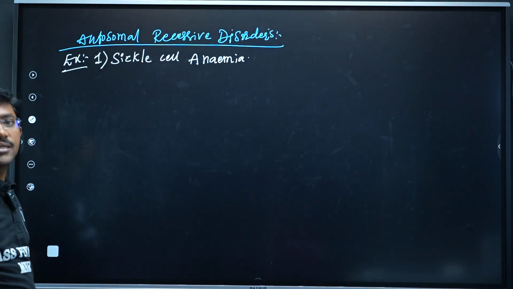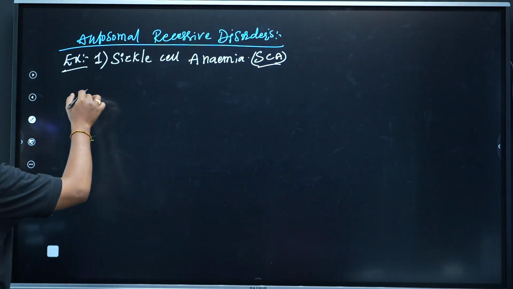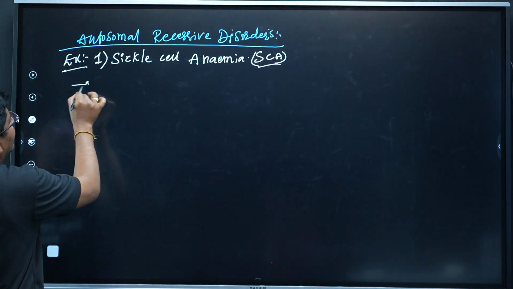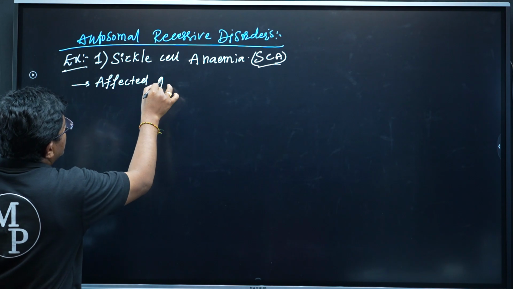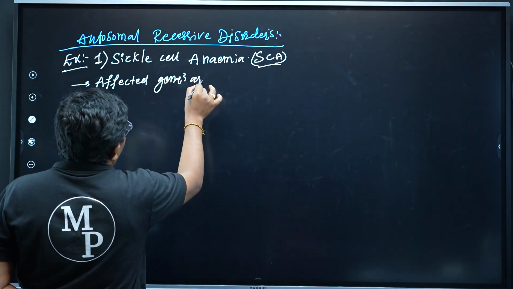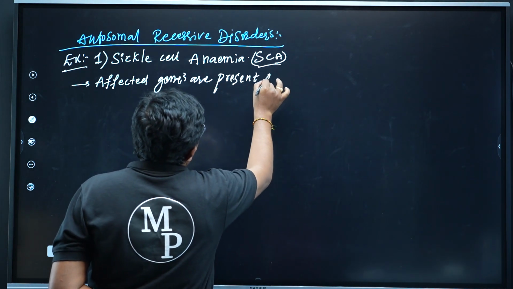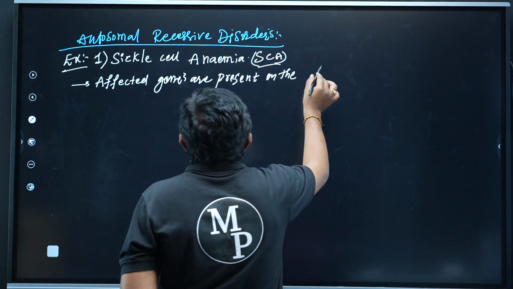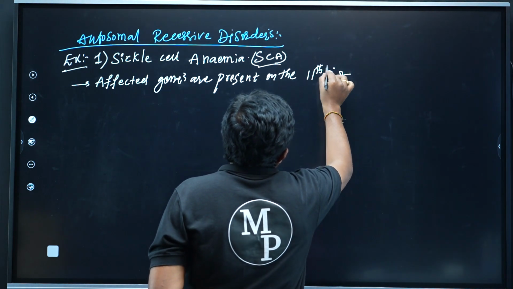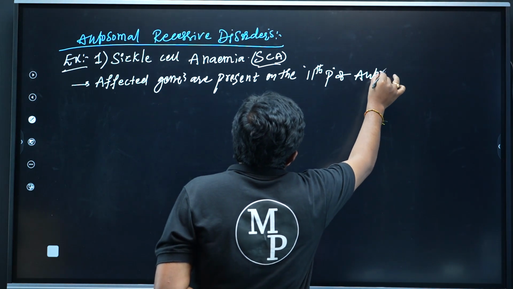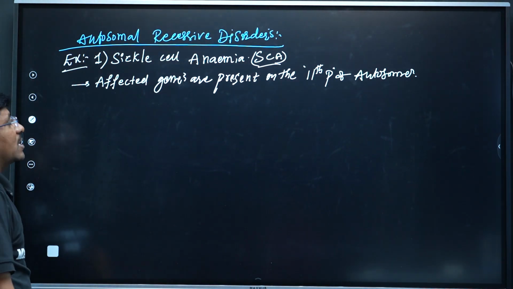And the affected genes are present on, okay, important point, the 11th pair of autosomes. This is an autosomal recessive disorder.